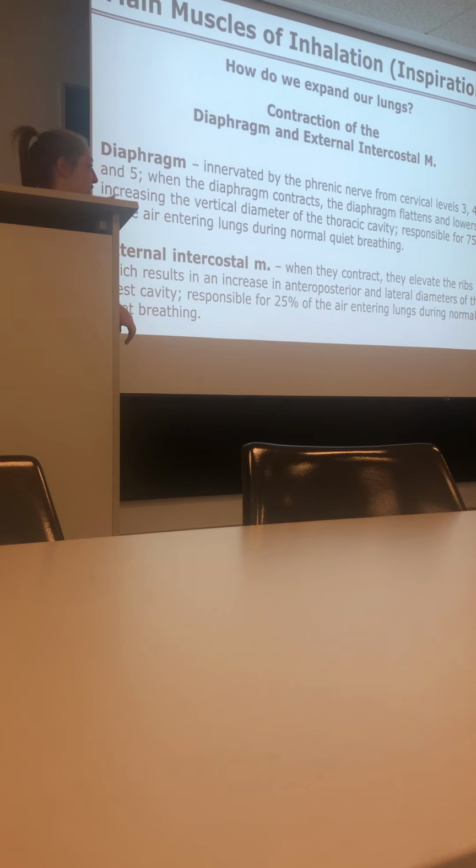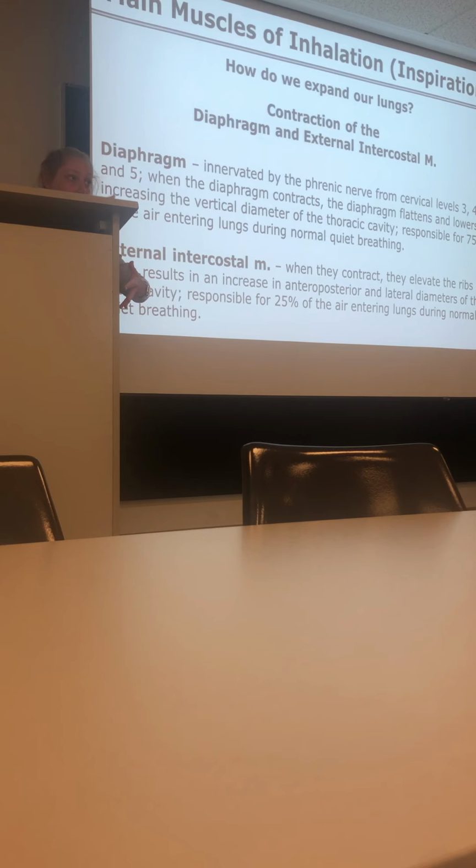Okay, our external intercostals are also responsible for inspiration. When they contract, they would pull the ribs up and open, so everything's angled down, right? This is how our ribs travel.